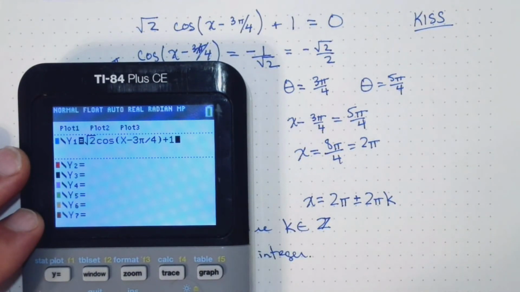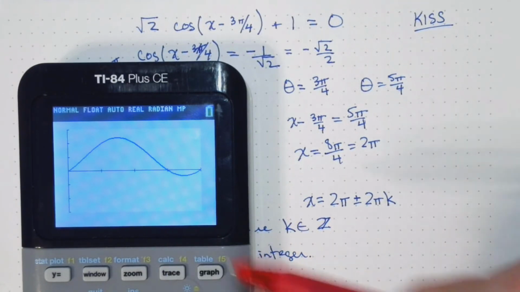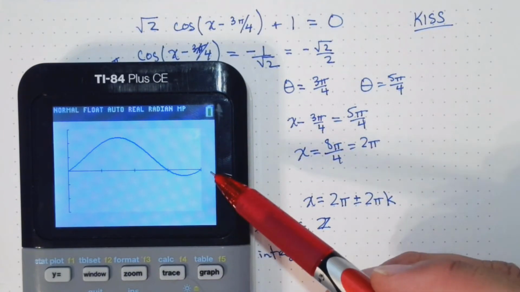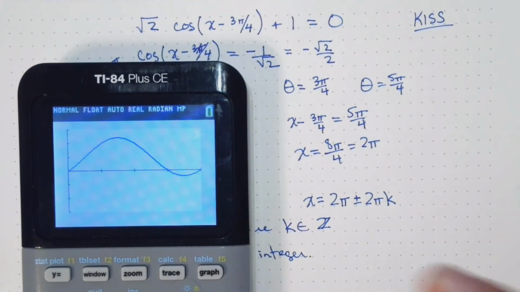So I put it in the parentheses, plus 1, and put it in my graph. Now I can see it looks a little bit better in terms of having a center line at 1. And I can see that, yes, in fact, at 3 pi over 2 and then at 2 pi, I do have my intersections.